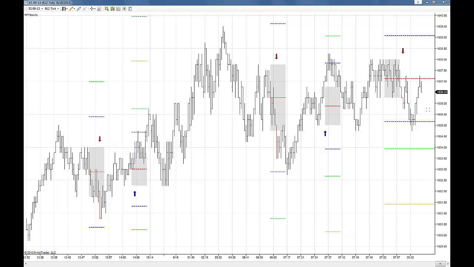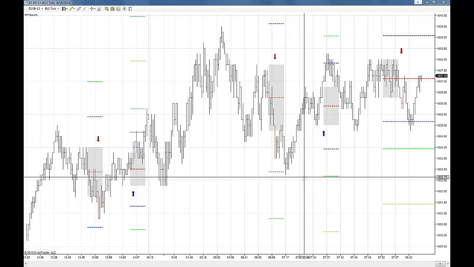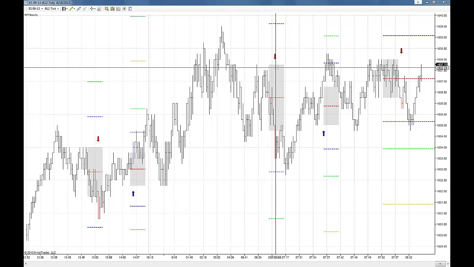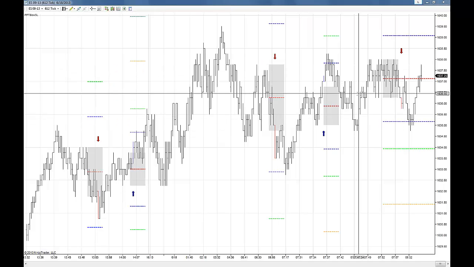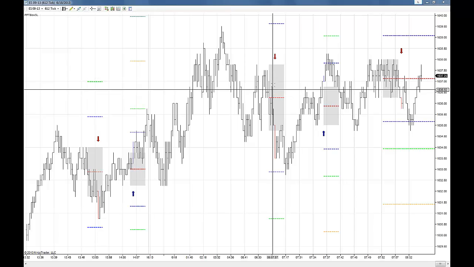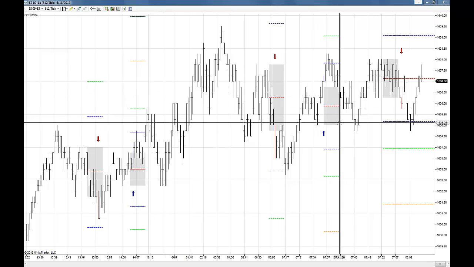Somebody also asked a question about the size of the box. Basically between this price and this price is where the specific activity that it looked for was happening, and that is what determines the size of the box. So this one obviously is smaller than this. The activity that the box looks for happened in this range.